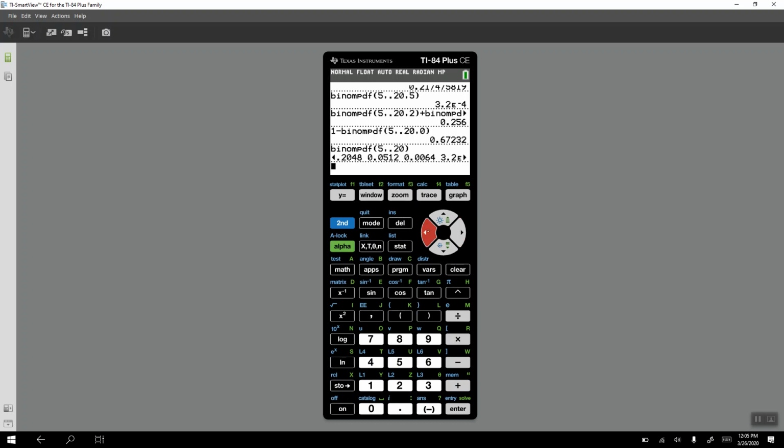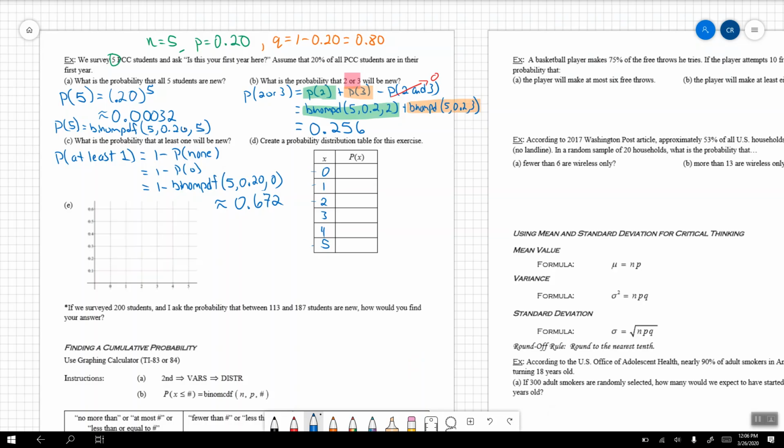So I'm going to start from the very first number, which corresponds to x equal to 0, and write it into the probability table. The first number I'm writing in is 0.32768. The next number was 0.4096. The next number was 0.2048.